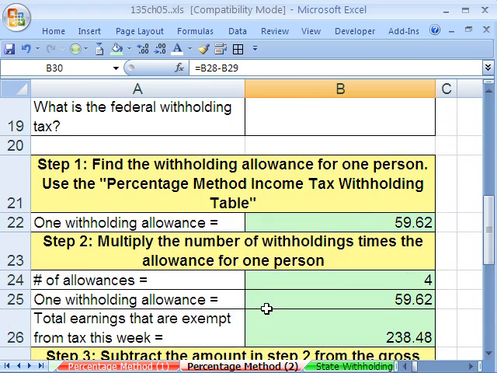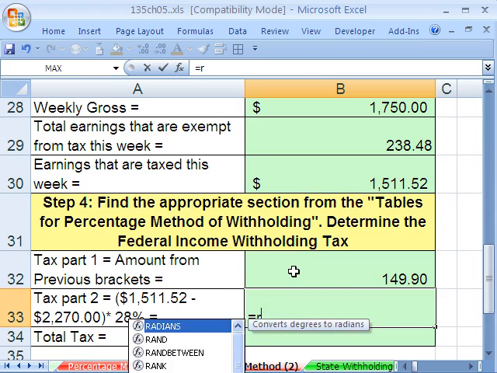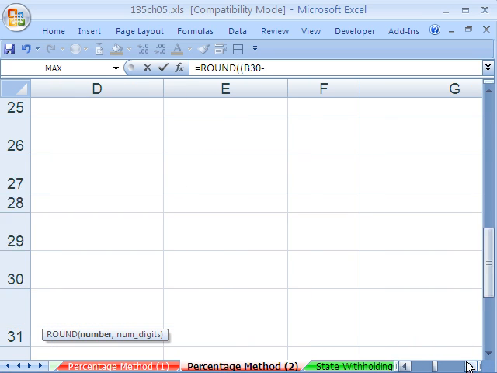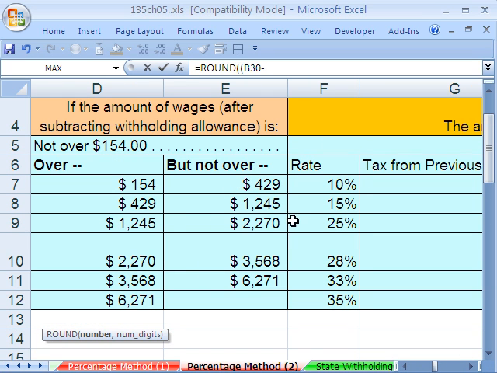So I scroll down here. Equals round, open parentheses. I'm going to take this amount minus, scroll on up here. We were somewhere in between here, so we have to subtract the lower end. That gives us the distance between the low end and whatever our number is right in between.